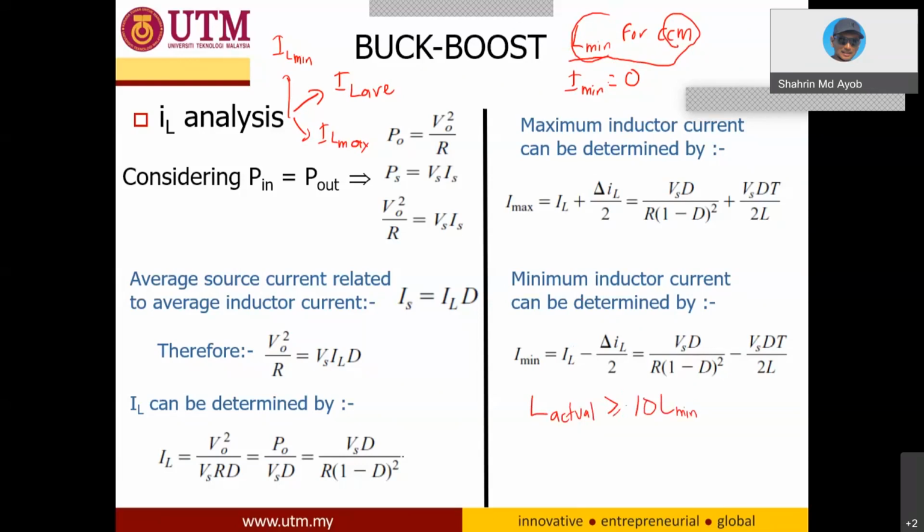So we need to choose higher values. Understand? The I max equation is still the same, which is IL average plus delta IL over 2, and I minimum is IL average minus delta IL over 2.